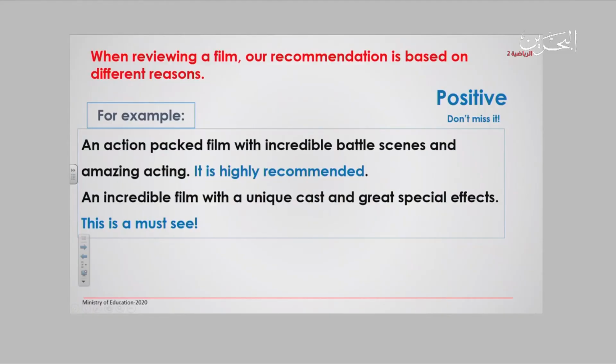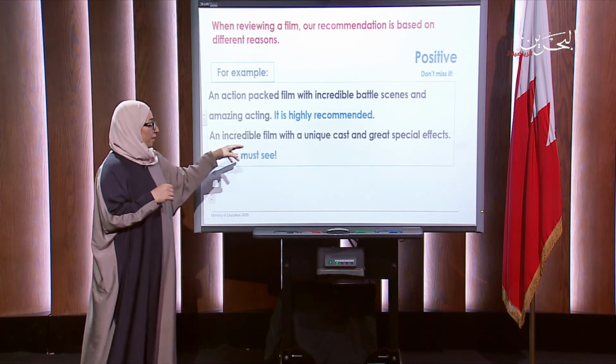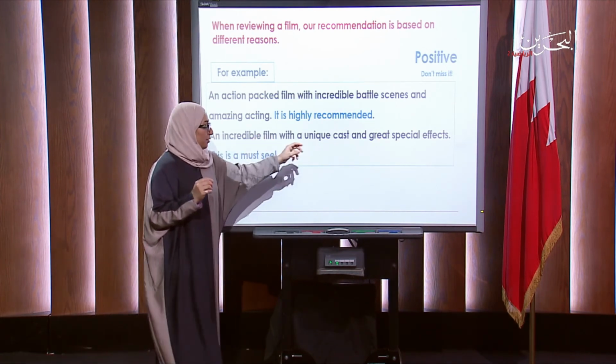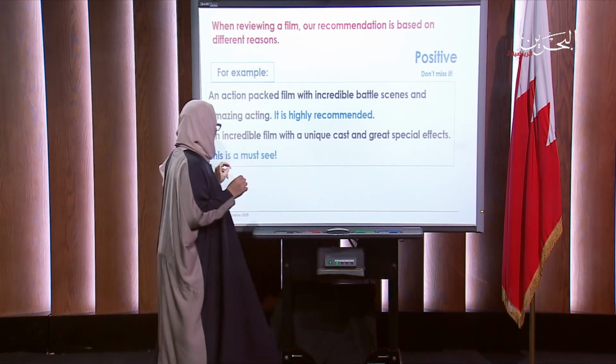For recommendation, the last paragraph in the layout: an action-packed film with incredible battle scenes and amazing acting. It's highly recommended. This is the recommendation. An incredible film with a unique cast and great special effects. This is a must-see. This is another example for recommendation.